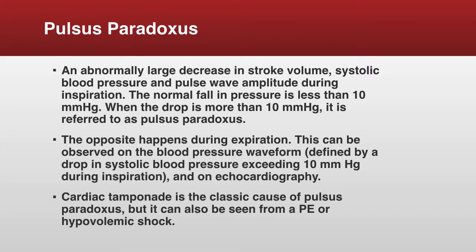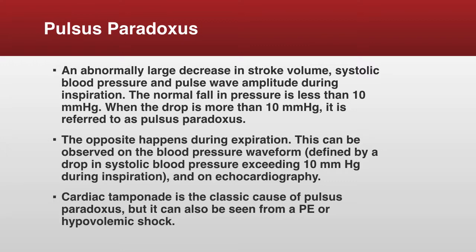When the drop is more than 10, it's referred to as pulsus paradoxus. The opposite happens during expiration, and this can be observed on the blood pressure waveform if they've got a line in. And it's defined by a drop in systolic blood pressure exceeding 10 millimeters of mercury during inspiration.